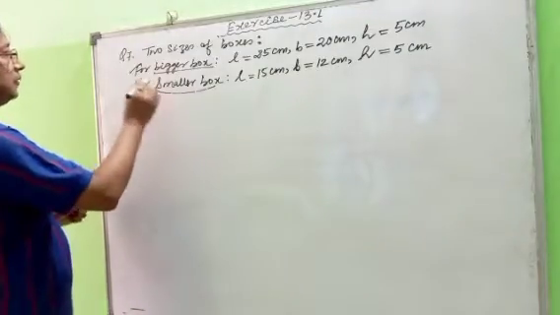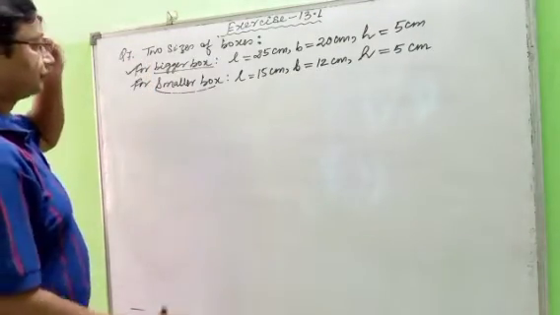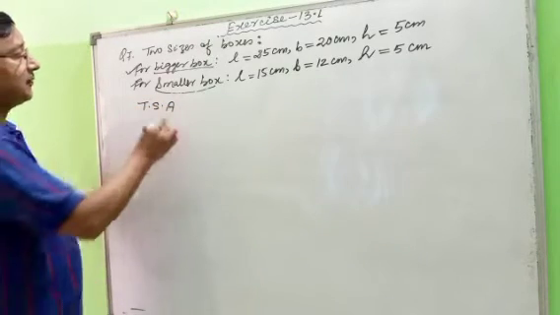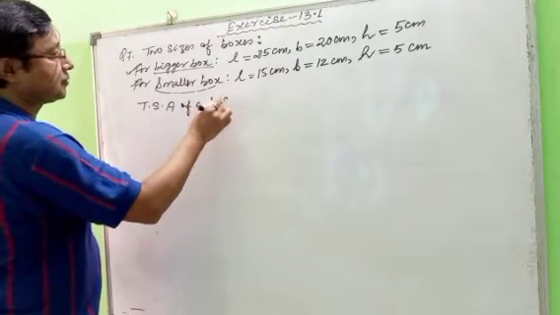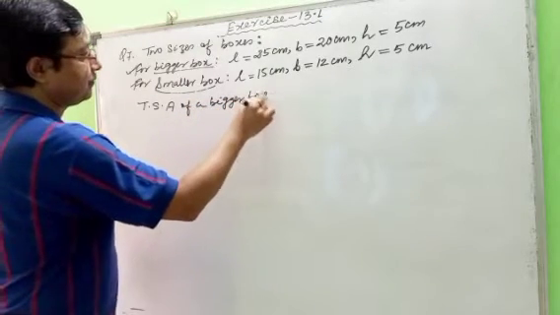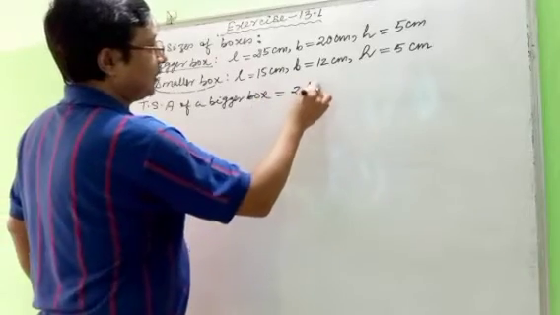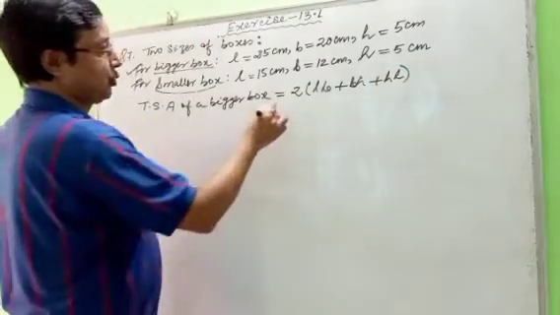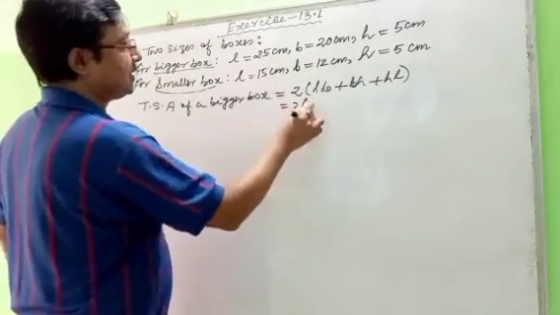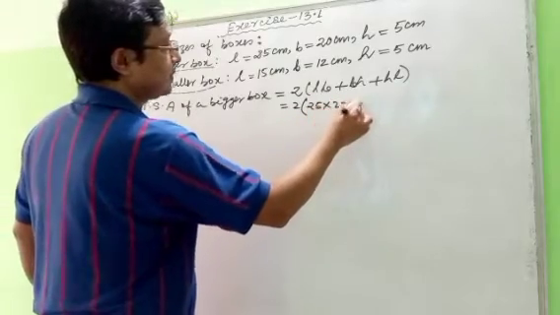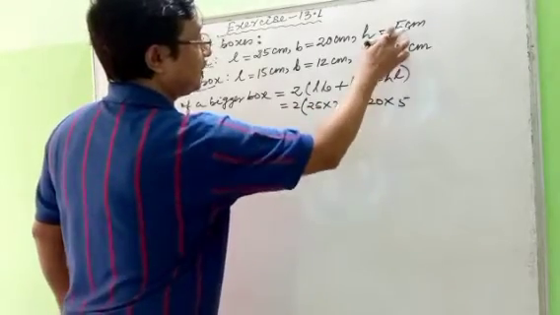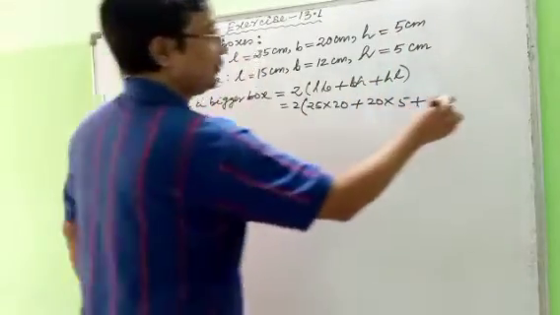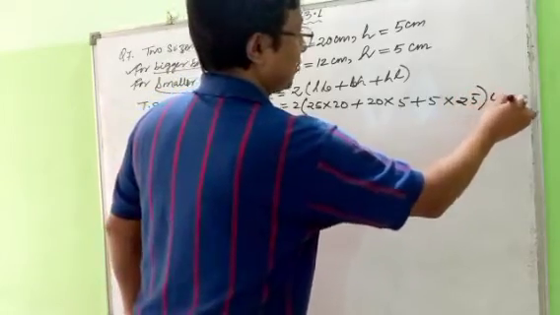Now for the bigger box, the total surface area, TS, of a bigger box equals twice of length times breadth plus breadth times height plus height times length. So equals twice of 25 into 20 plus 20 into 5 plus 5 into 25 centimeters square.